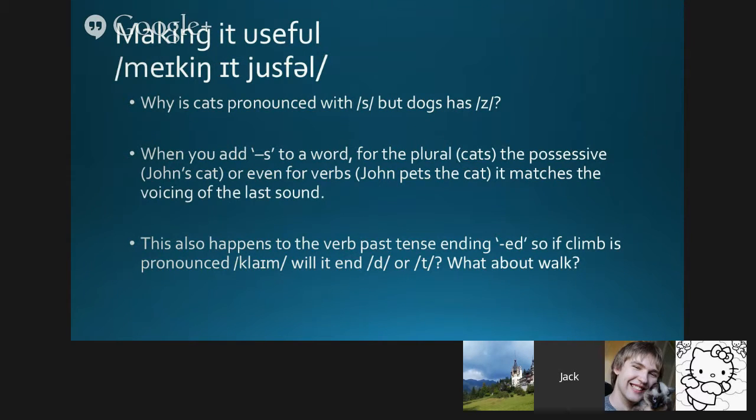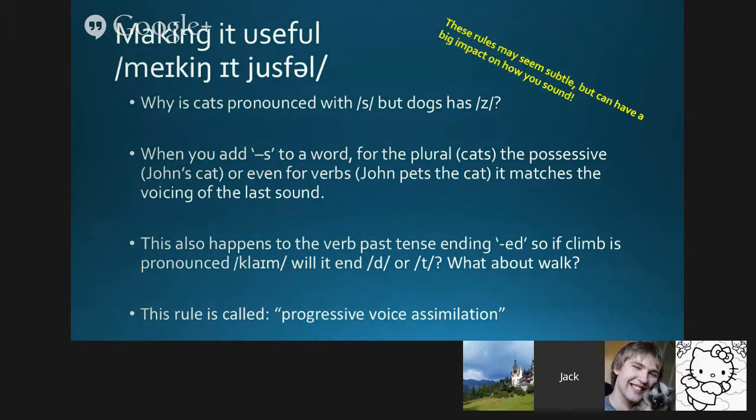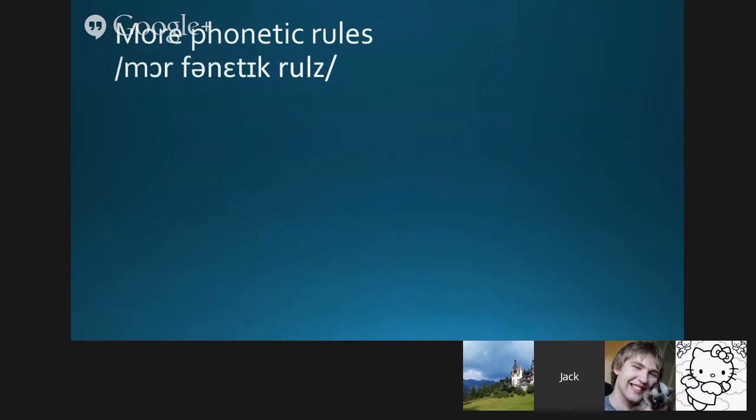They're both written with a d, but one is climbed, the other is walked. This rule has a fancy name. I put it here for you. These may seem subtle, but they have a big impact on how you sound. Native English speakers hear these. They may not know what they're hearing, but they do pick up on this.